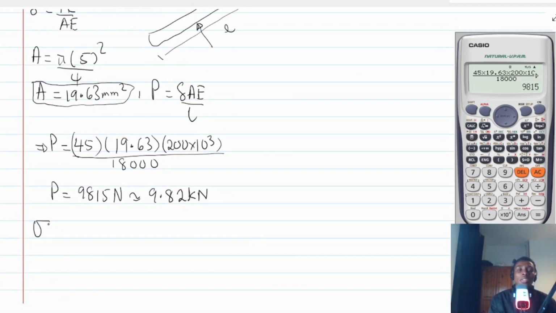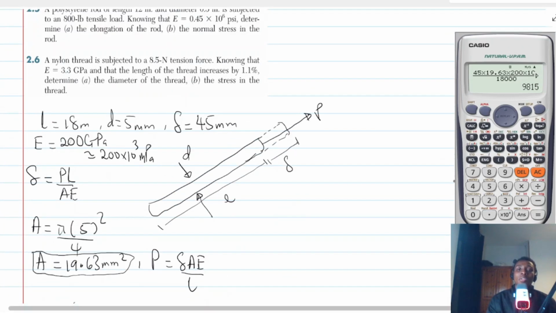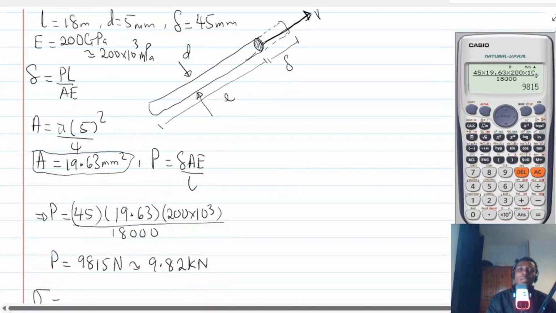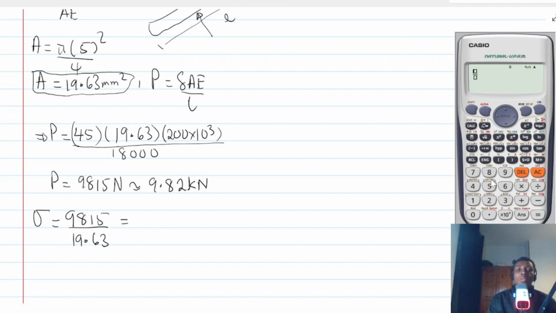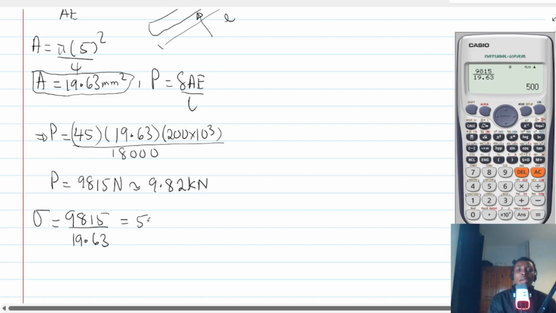The normal stress is the stress from the load, so it's going to be the load divided by the cross-sectional area, which is 19.63. 9815 divided by 19.63 gives 500 megapascal.